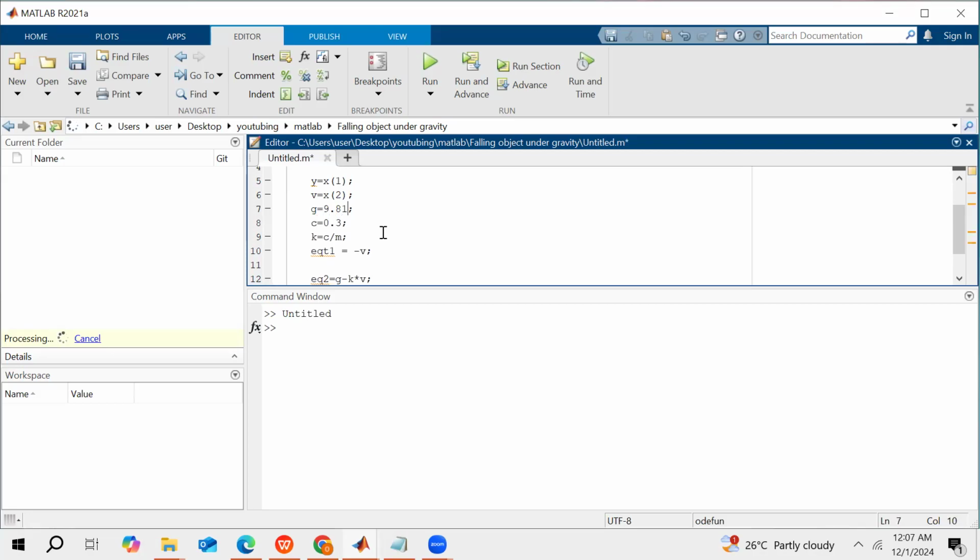Then M is 70 kg. So with this, we define equation 2. We can combine these two equations into our equations variables.